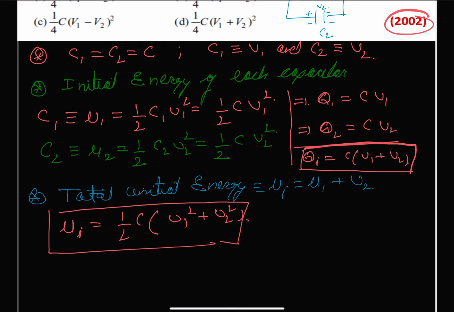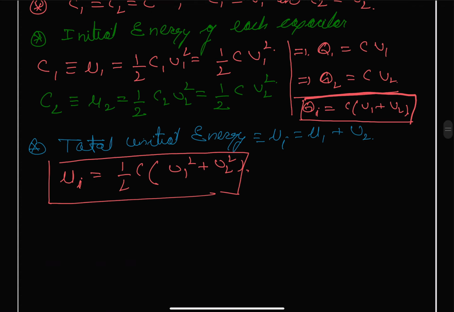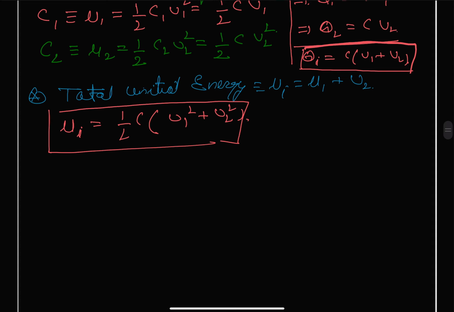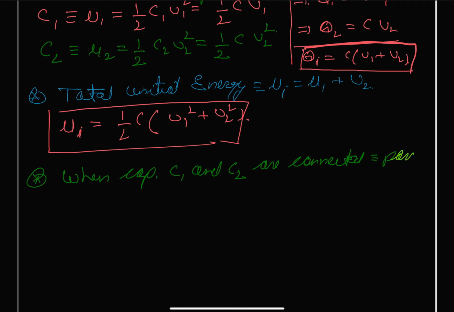And so now, when capacitors C1 and C2 are connected, they will be in parallel, and for parallel we can find out their equivalent capacitance.